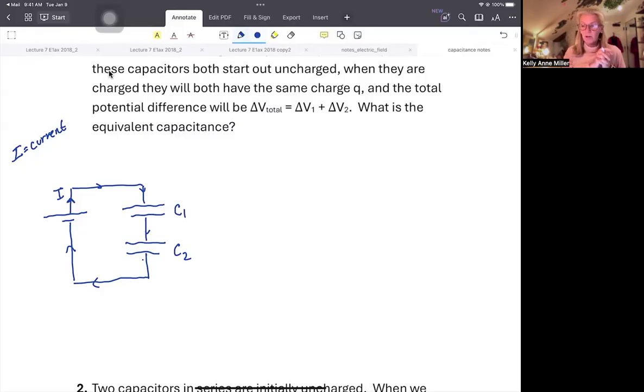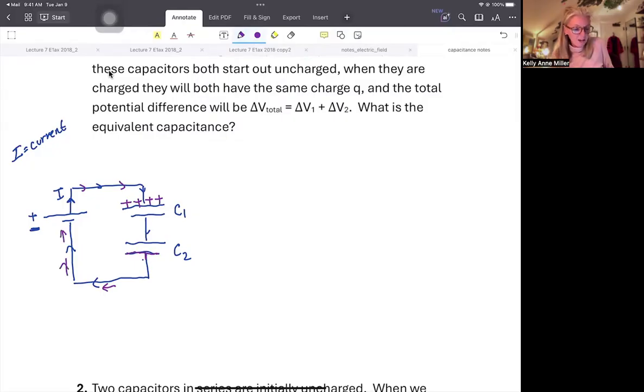Remember, this is the positive terminal of the battery and this is the negative terminal of the battery. Charge is going to flow through the wire and accumulate on this plate. And charge is going to flow from this bottom plate back to the negative terminal of the battery.